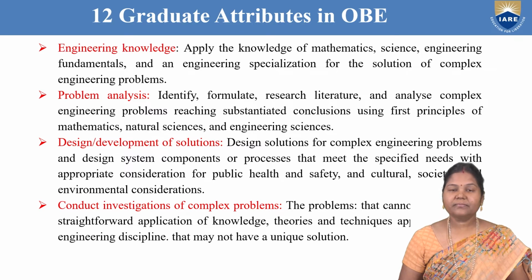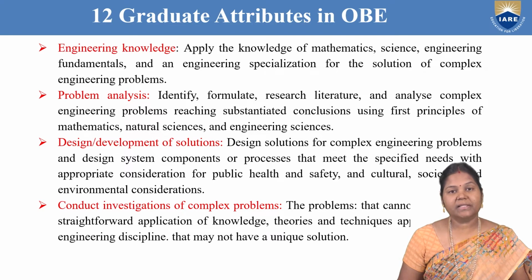That means this is the first graduate attribute where we expect from the students that after understanding the different core subjects that they are studying, the mathematical subjects, science subjects, engineering subjects, the fundamentals, they should apply them in various domains for solving complex engineering problems.